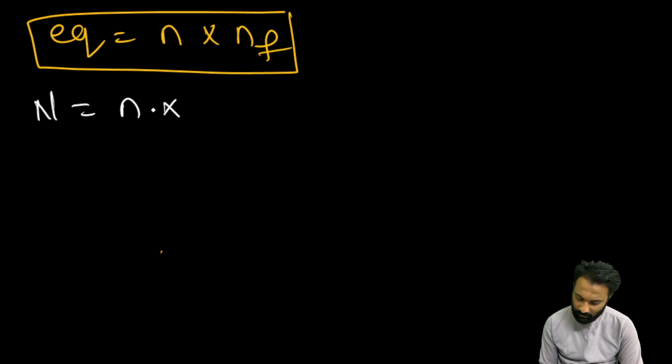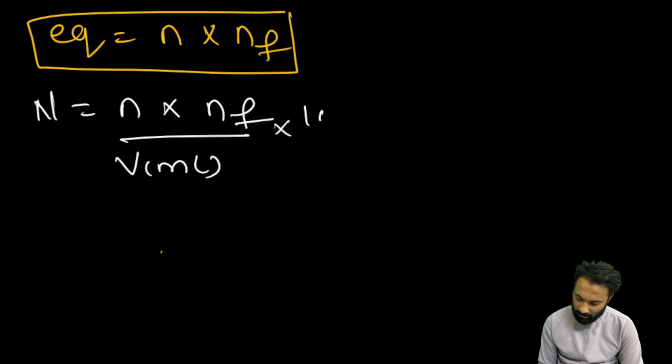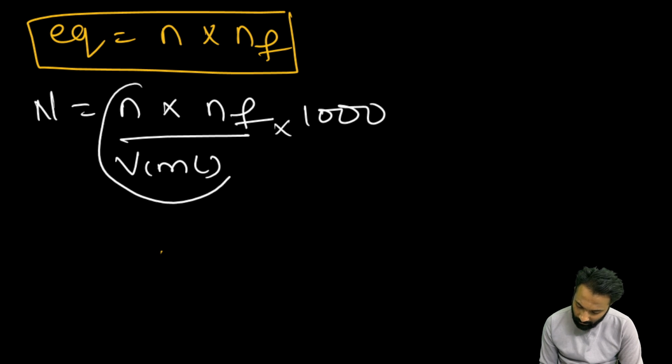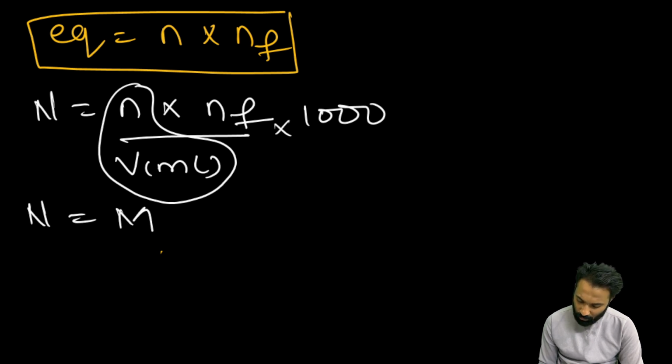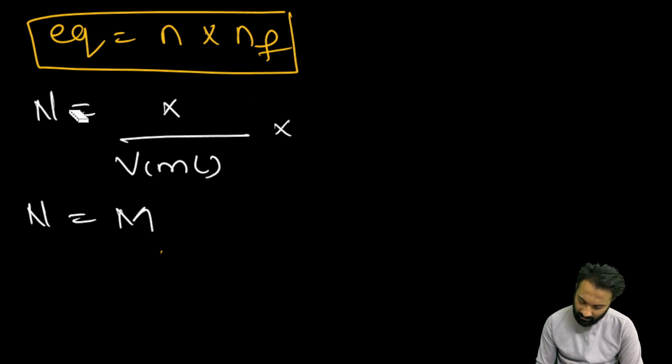So in the place of equivalence, n into n factor I was substituting by VML into 1000. Normality is equal to molarity into 1000.